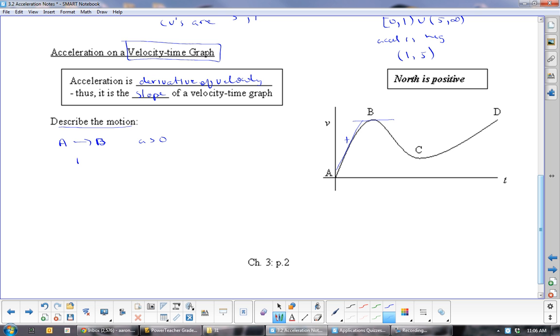So B, you would say acceleration equals 0. B to C, you have negative acceleration. Acceleration is less than 0. C, we would have acceleration equals 0 again. Oh, sorry. C to D, acceleration is greater than 0.